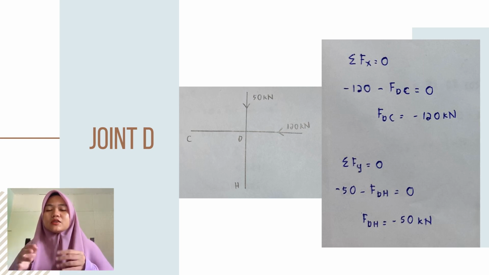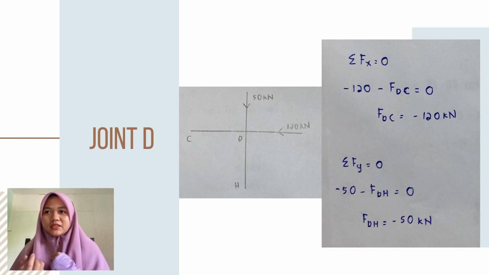Next is joint D. This is the free body diagram of joint D. Force 50 kilonewton and 120 kilonewton. The calculation of joint D: first, equation Fx equal to 0, negative 120, negative FDC equal to 0.